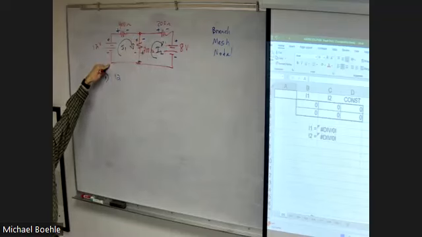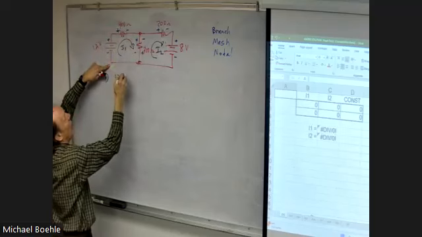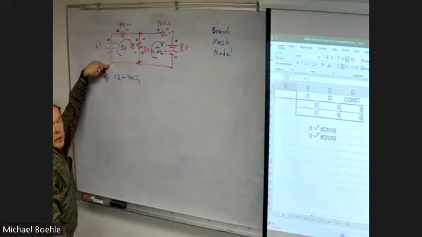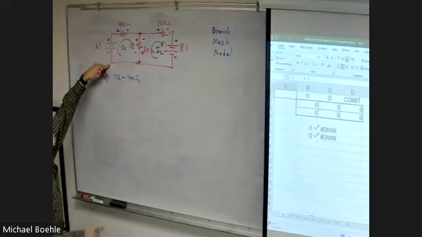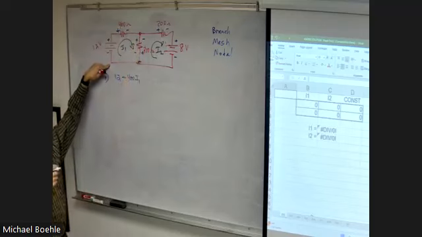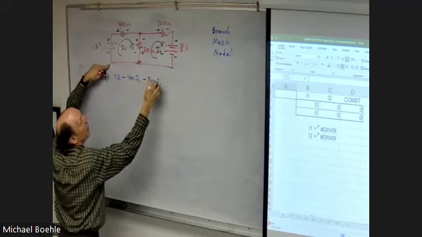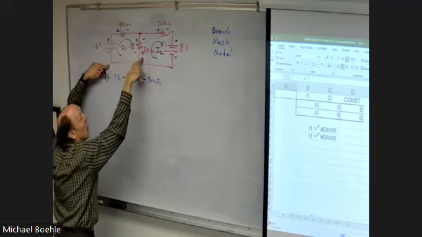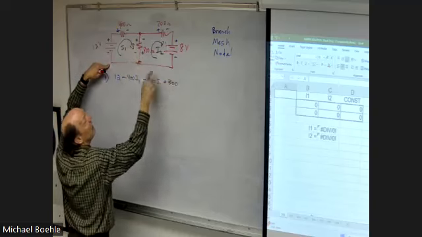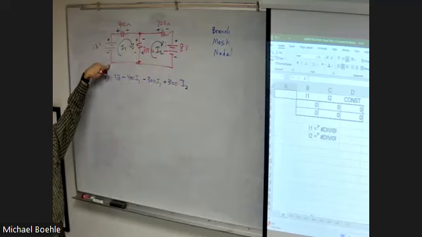Both of them have to be included. I'll show you how we do that. All right, so plus 12 minus 400 times current 1. Okay, now what's the voltage across this resistor? Well, there are 2 current contributors. Minus 300 times current 1 and plus 300 times current 2. I'm back where I started.